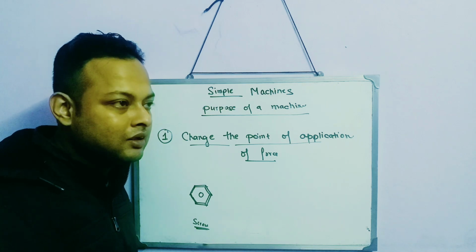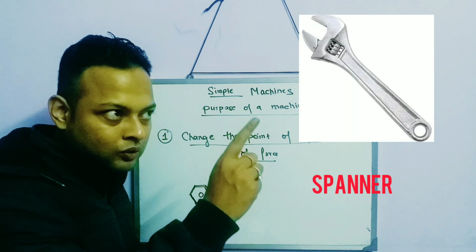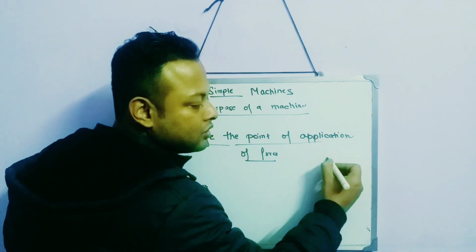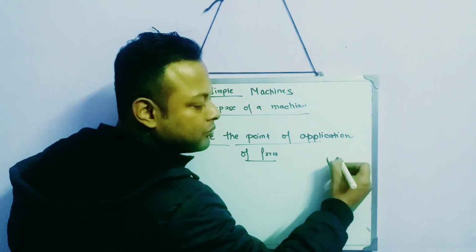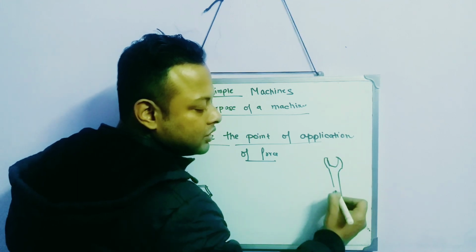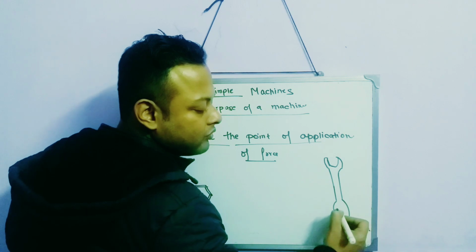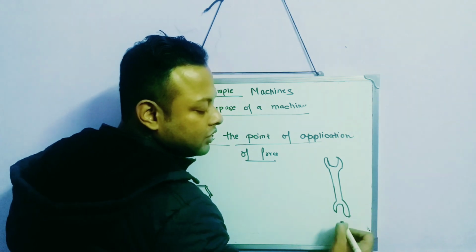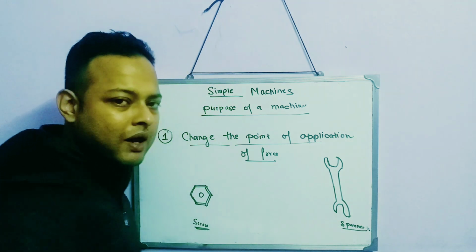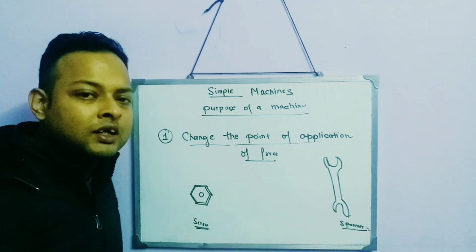Now what is a spanner? This is what a spanner looks like. Can you see the picture of a spanner? Yes. A spanner looks something like this shape. On the other side also you have. This is a spanner. You must have seen this spanner somewhere or the other in the garage shops.